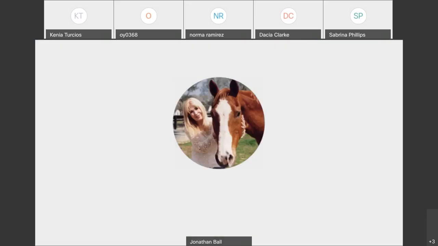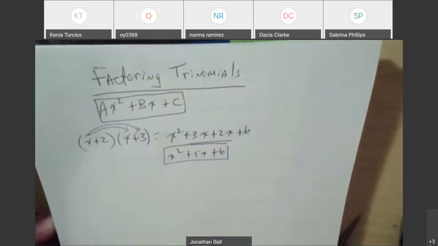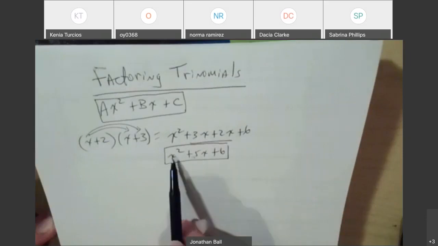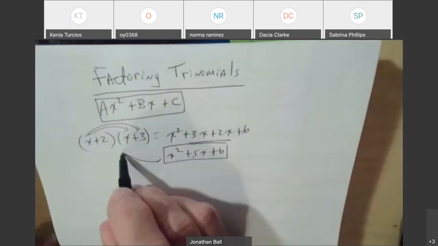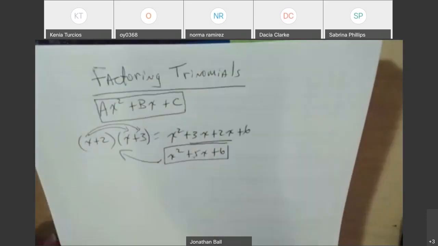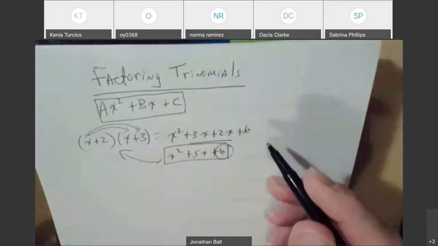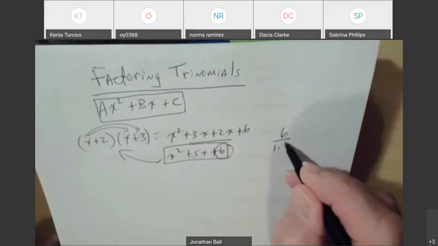Now in math, it seems like we do everything frontwards and backwards. So now we're going to go from this trinomial, which has 3 terms, and go back to that. So we look at the 6. What are the factors of 6? 1 times 6 and 2 times 3.